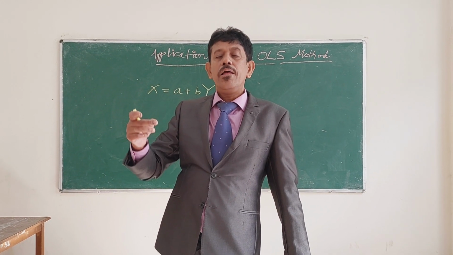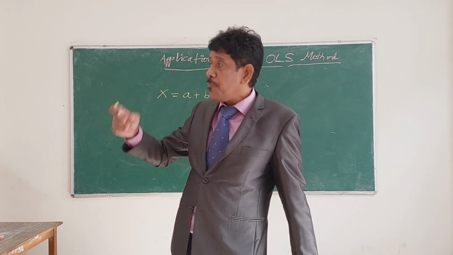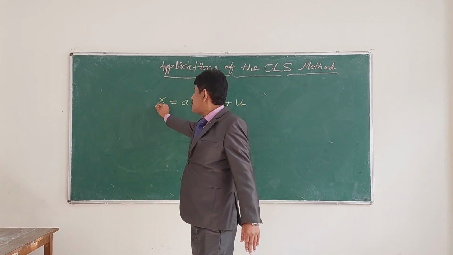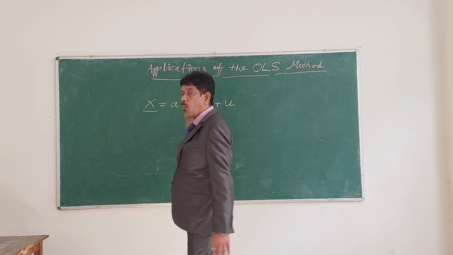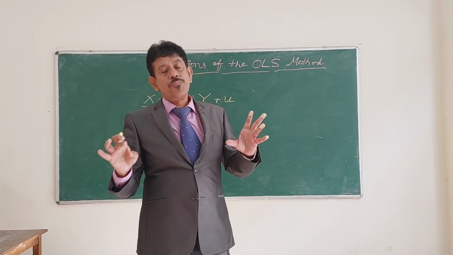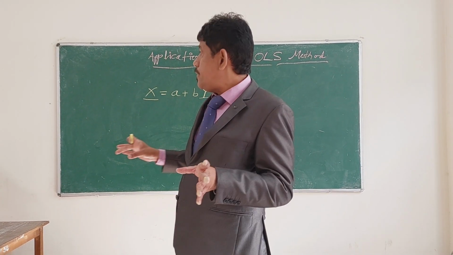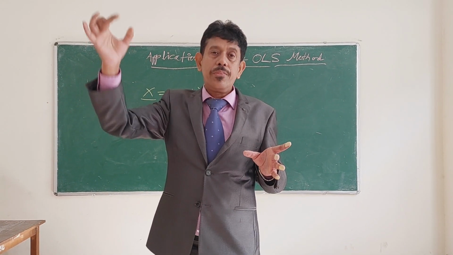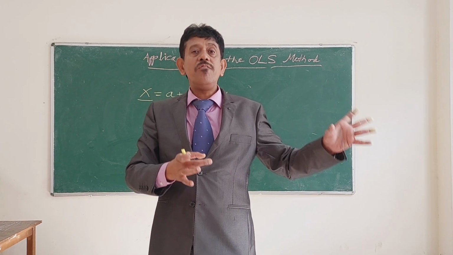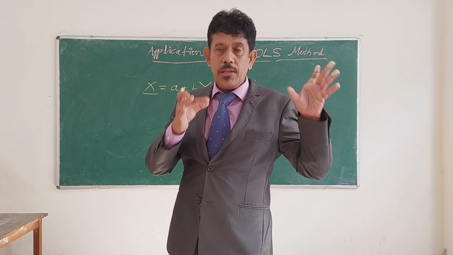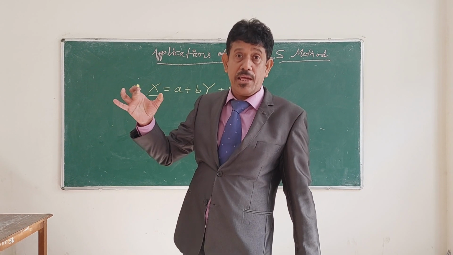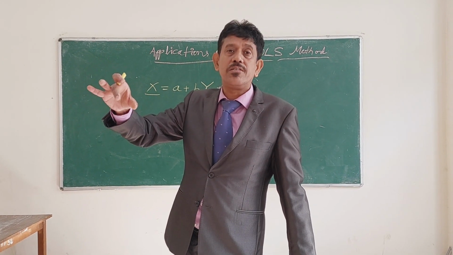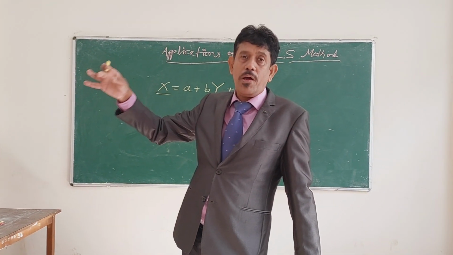Therefore, we have tried to apply the OLS method to show the relationship between x and y. We applied the data on x and y to derive the line of best fit, the line which most appropriately represents the relationship between x and y.